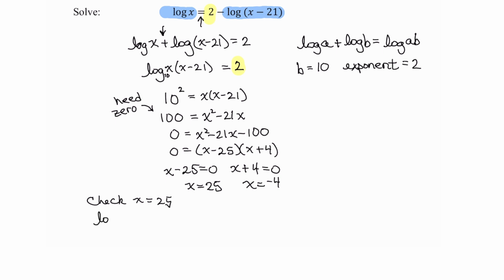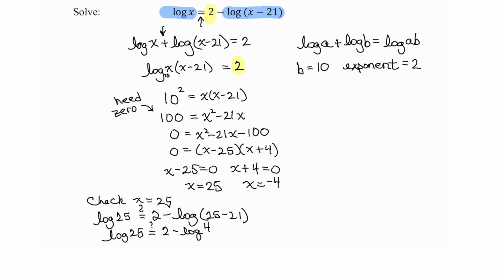So log of 25, is that equal to 2 minus the log of 25 minus 21? Well, when we look at this and simplify in the parentheses, I have the log of 25, and I want to know if that's equal to 2 minus the log of 4, because 25 minus 21 in parentheses is 4.